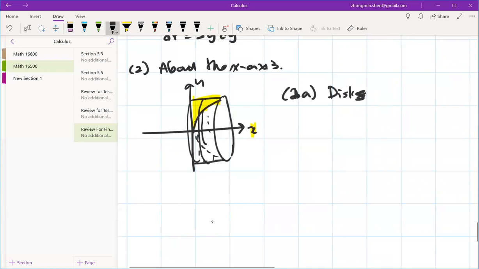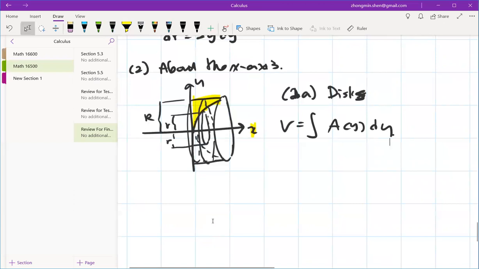So there are actually two disks. One is inside and one is outside. So this is little r, this will be the capital R. So volume is going to be the integral of A. If you use this, it will be A(y) dy. No, x dx. Why?